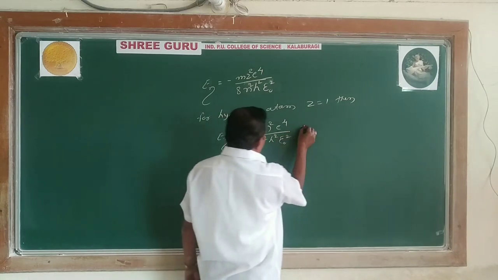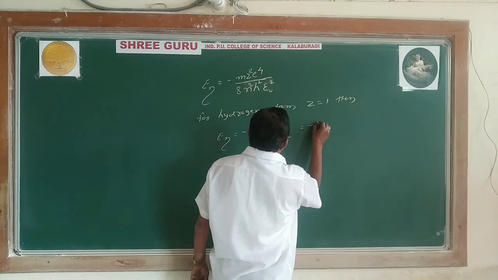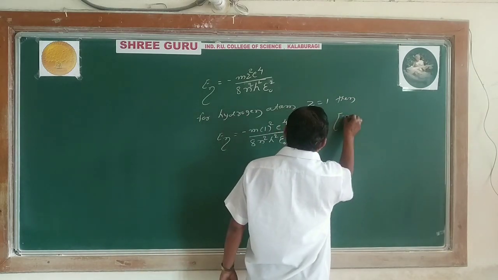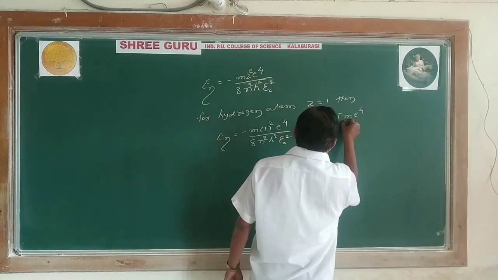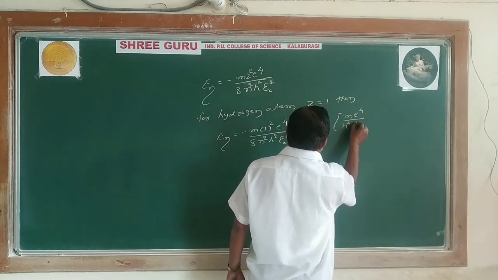This is nothing but minus 1 by n square times m e fourth divided by h square epsilon naught square.